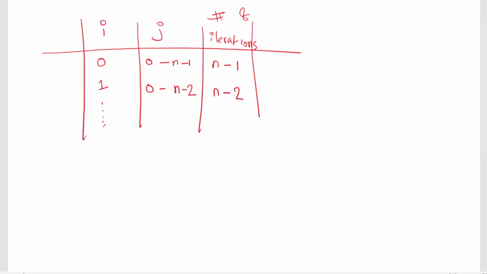Similarly, when i became n minus 1, j started from 0 and ended at index number 1, which is just one iteration.